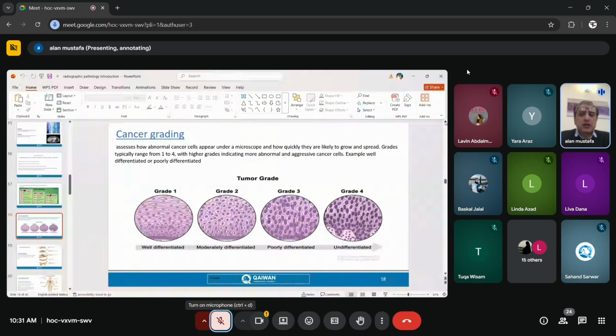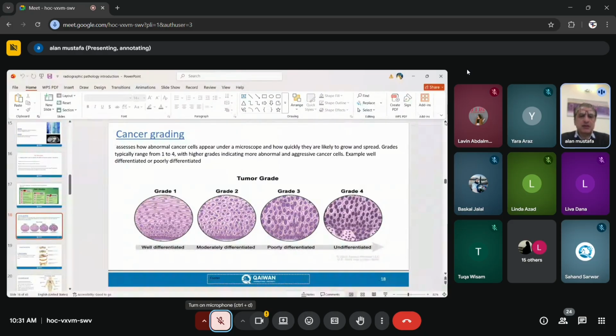And we have something to differentiate the power of cancers, how powerful the cancer is. We call it grading. Some cancers are grade 1, which means they are not very powerful.